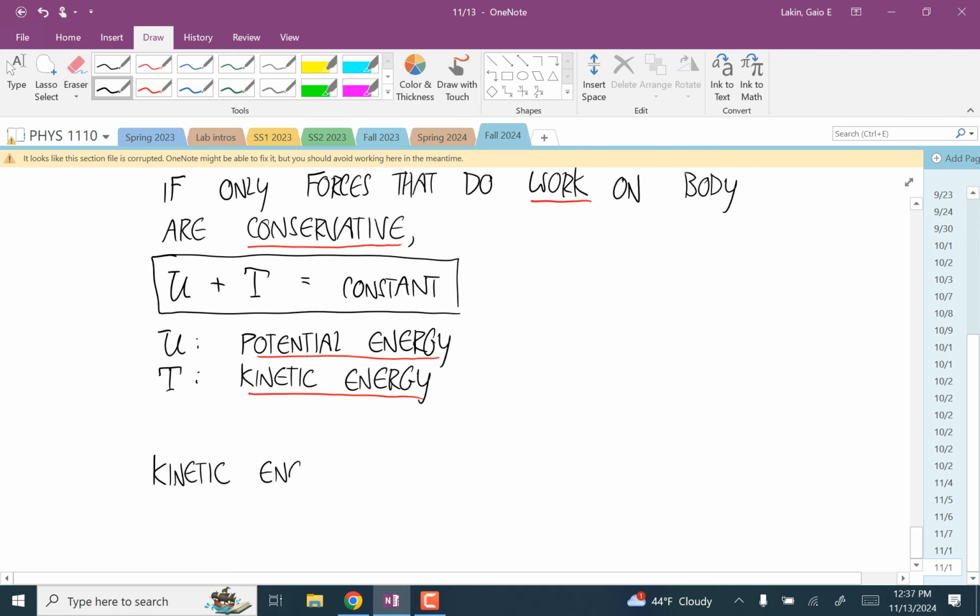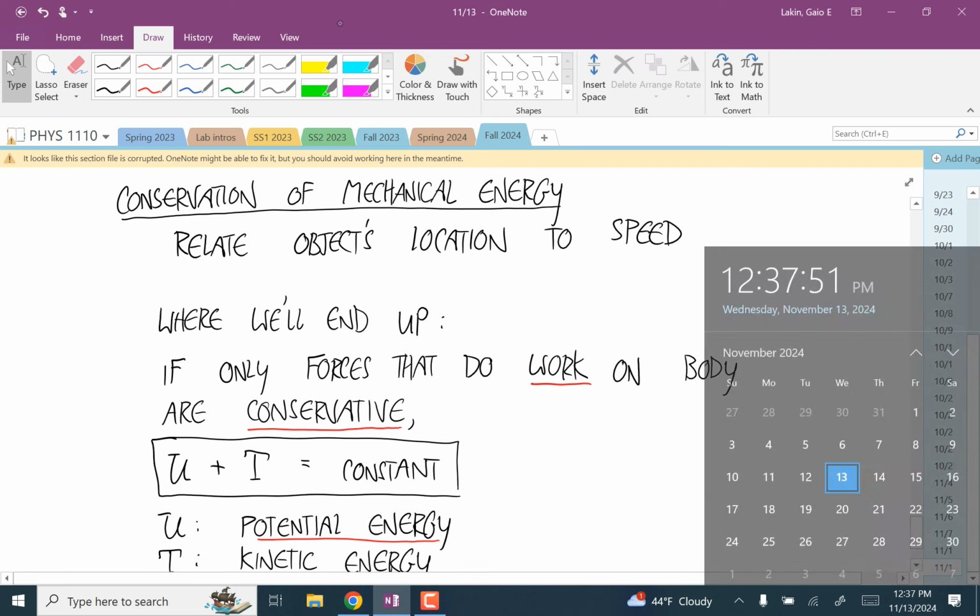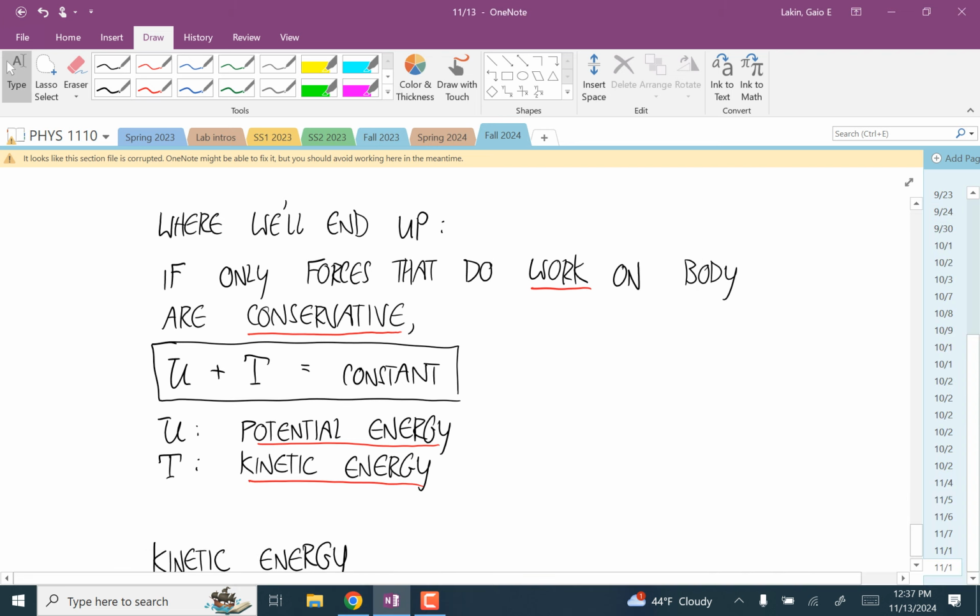Let me say one thing before I go into kinetic energy. I didn't put this in the setup for conservation of mechanical energy, but conservation of energy always holds. There's always conservation of energy, but energy can express itself in a lot of different ways. There's thermal energy, electrical energy, magnetic energy, all these things. In this class, we're not going to deal with thermal or electrical or magnetic energy or anything.